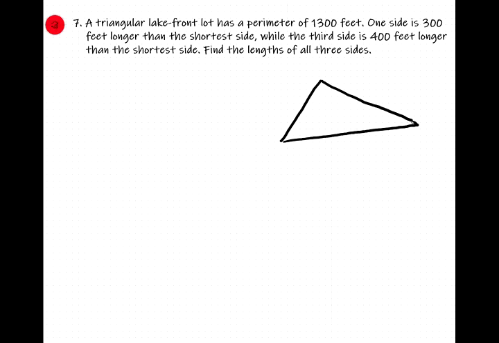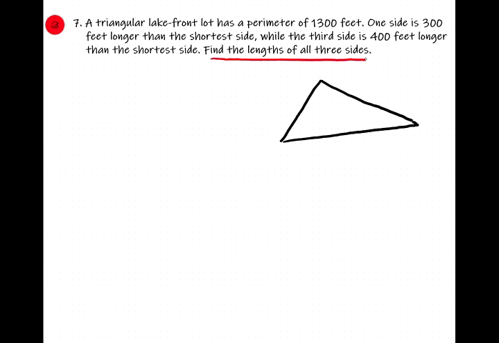So the 3 sides together, the length of the first, the length of the second, length of the third, should add up to 1,300 because that's the perimeter. One side is 300 feet longer than the shortest side, while the third side is 400 feet longer than the shortest side. Find the lengths of all 3 sides.